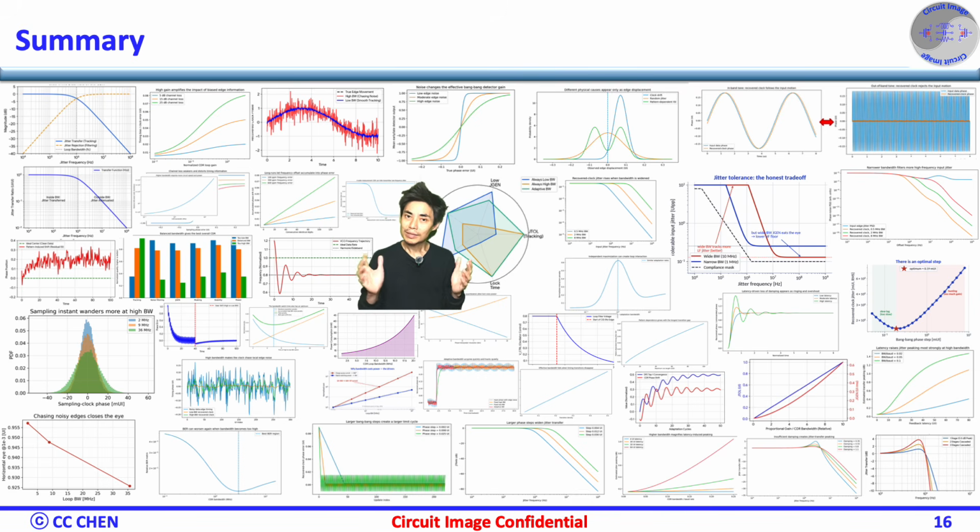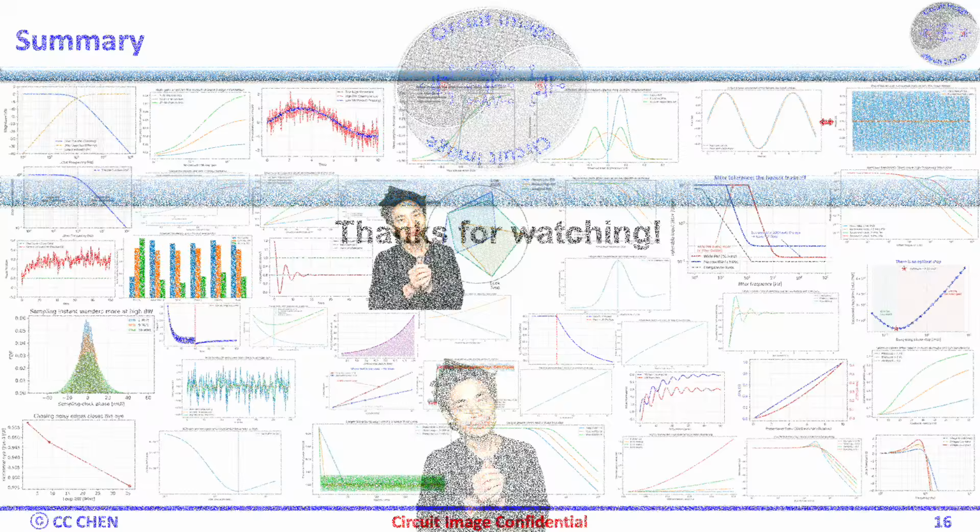So the best CDR bandwidth is not the highest bandwidth. The best CDR bandwidth is the one that tracks useful timing movement and filters harmful timing noise. Again, a good CDR follows the moving eye, but it does not chase every noisy edge.